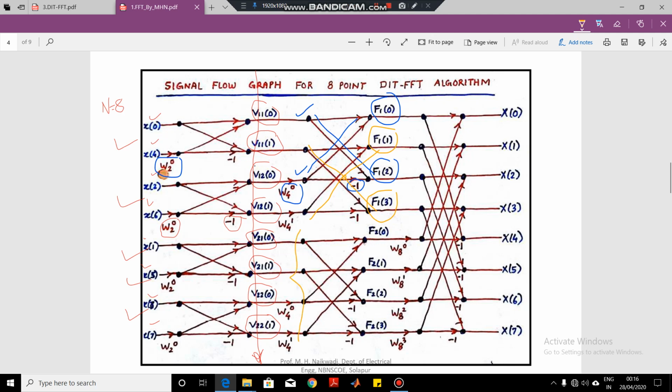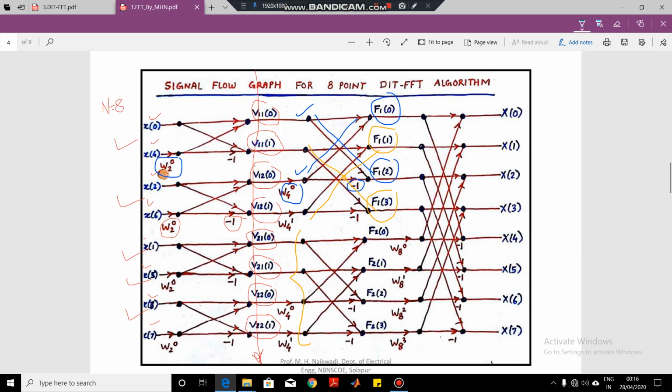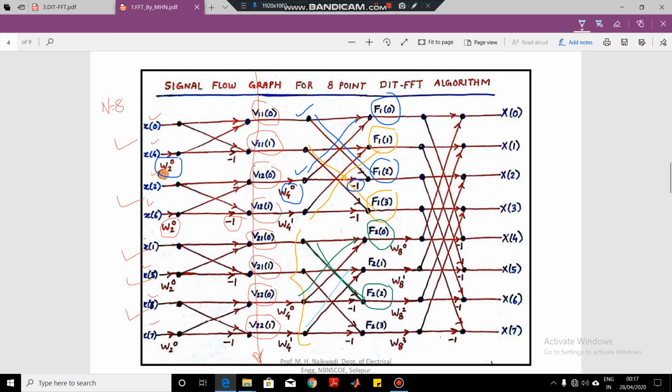After repeating this process, we get the third output here. So this is your third butterfly, this and this, and your fourth butterfly is this butterfly with this cross, so this output and this output. Here will be your twiddle factors. So this is the second stage of output.